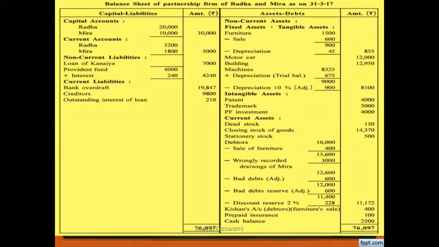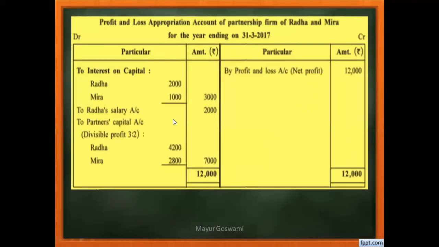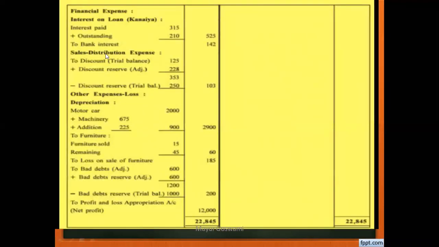But actually it was different, right? So first of all, write down on the P&L debit side interest on loan in the inner column 350. But if we calculate the exact amount of interest on Kanaiya's loan at the rate 9% starting from 1st June, it will come to a total of 525.